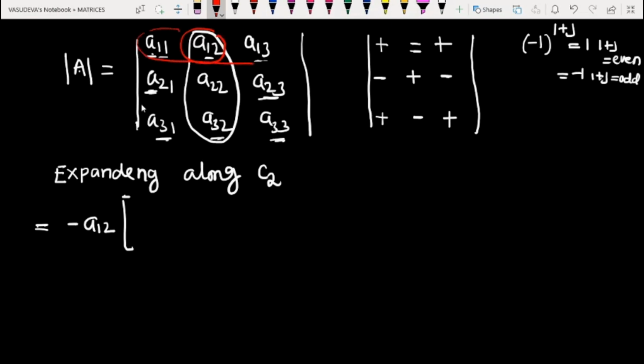Leaving the elements of the first row and second column, we can expand directly taking the elements A21, A23, A31, A33. That is, A21 into A33 minus A31 into A23.